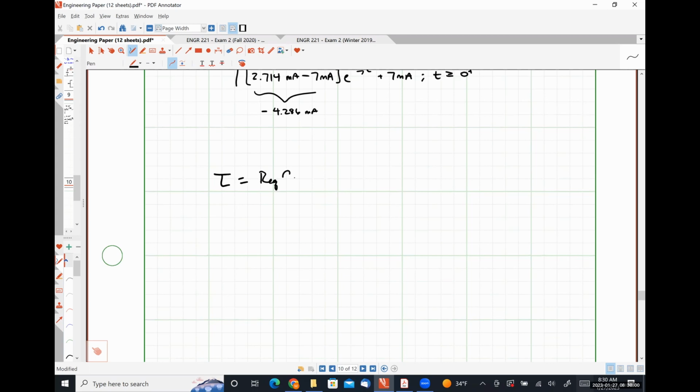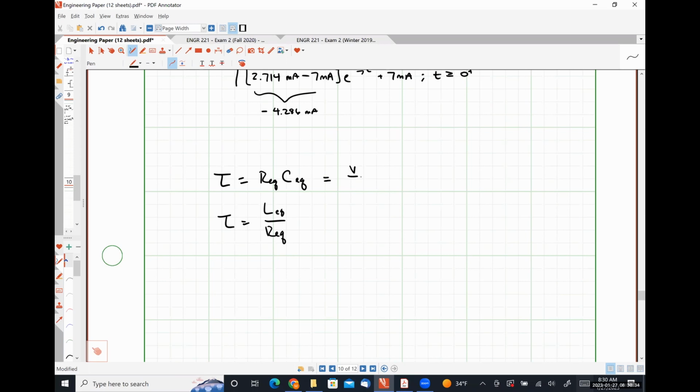Based on the equivalent in seconds, 200 micros is 200 times 10 to the minus 6. Time constant will always be measured in seconds, just so that we're clear on why that is.